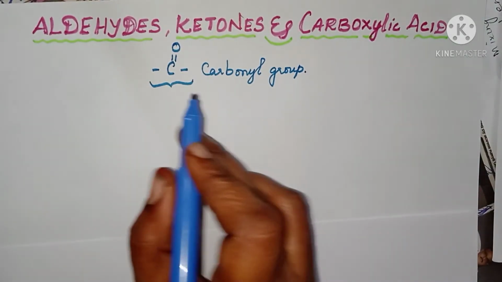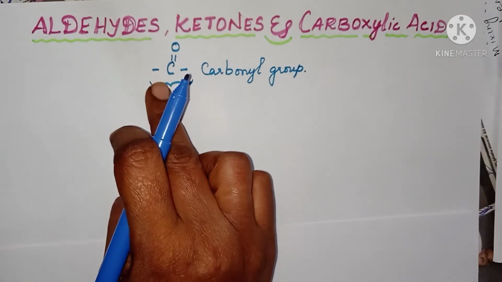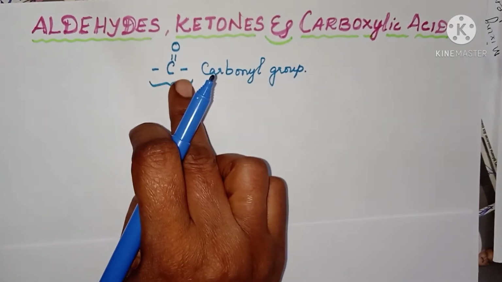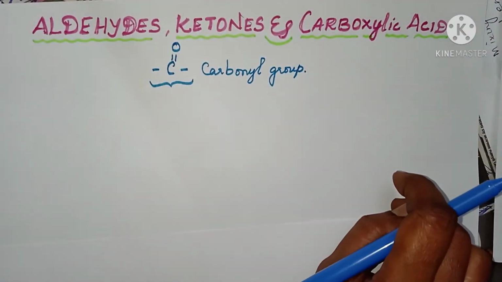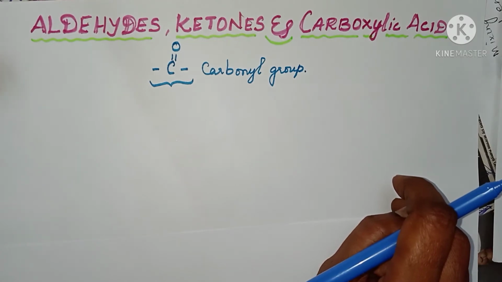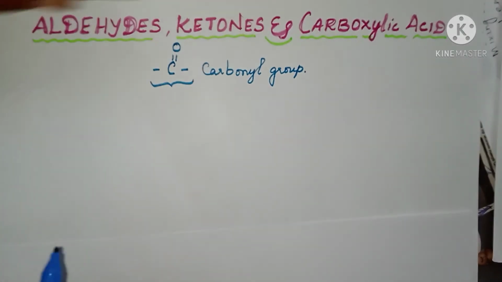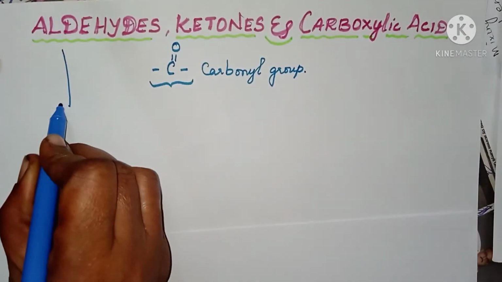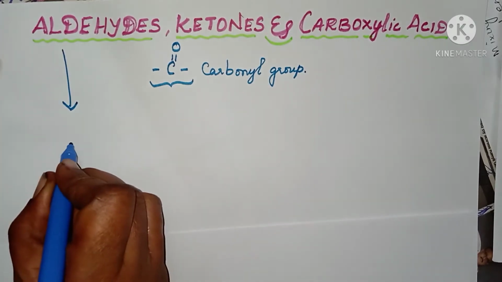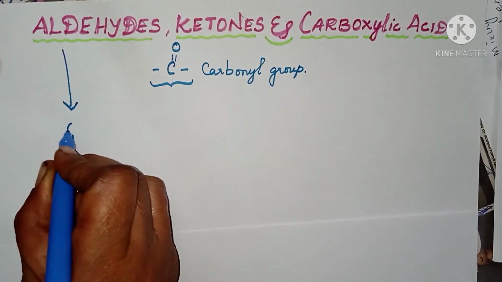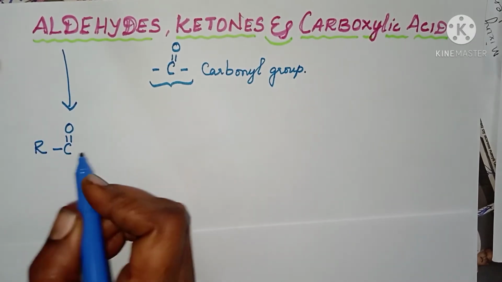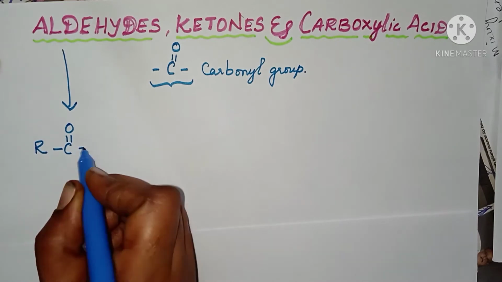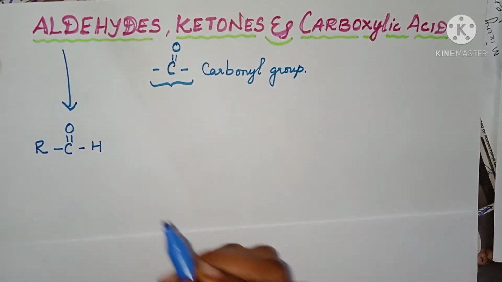Now, this is the main part. The carbonyl group is the main part of aldehydes, ketones, carboxylic acid. Now, how can we differentiate aldehydes, ketones, carboxylic acid with this formula? When we are talking about aldehyde, carbon is attached with oxygen by a double bond, along with an alkyl or aryl group, attached with a hydrogen atom.